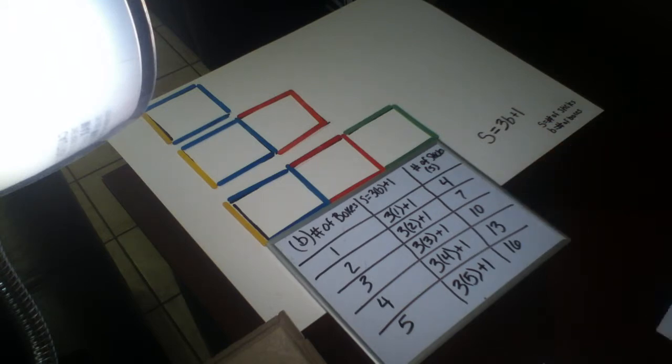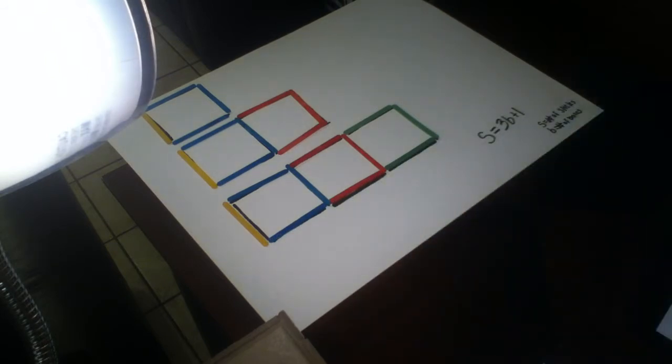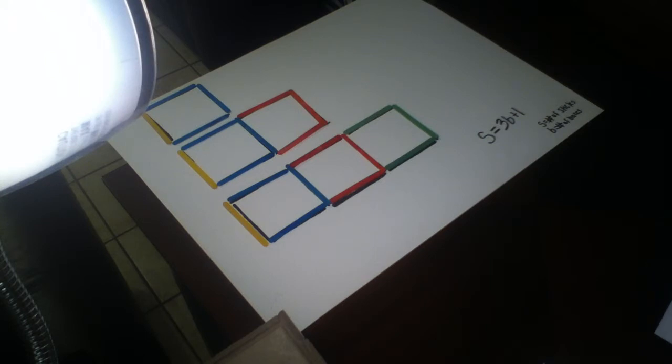So now that we see that this rule worked for all of them, we are going to use the algebraic rule to predict a future term in the pattern. So let's figure out what step 20 would be, or also diagram 20.